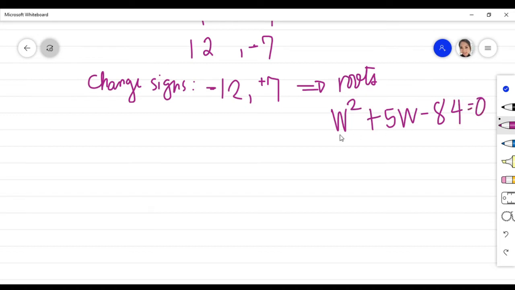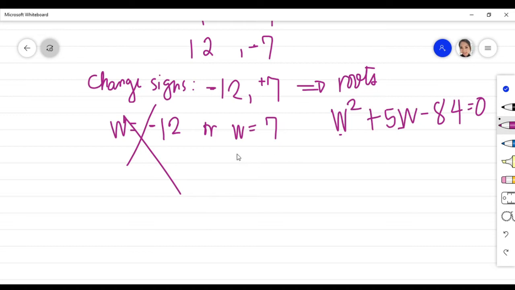So our variable here is W. Based on the roots, the value of W here is either negative 12 or W can also be positive 7. But since W represents our width, we cannot have a negative value for our W, so that's not possible.